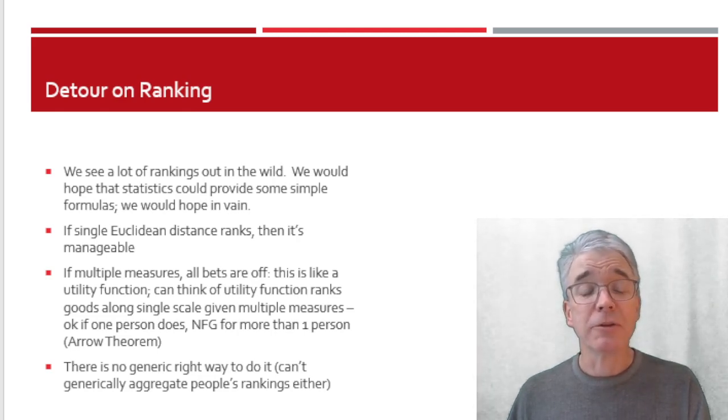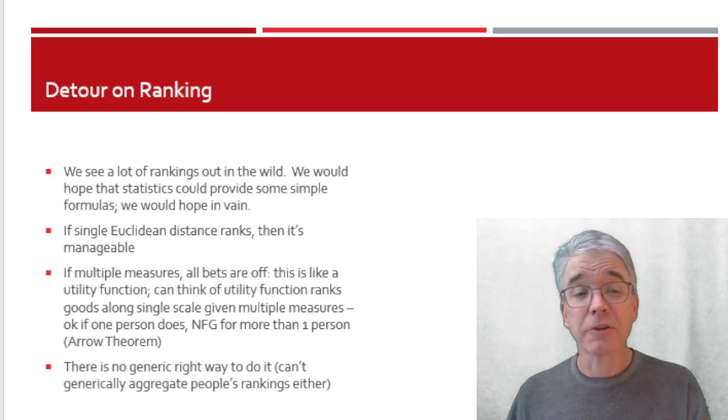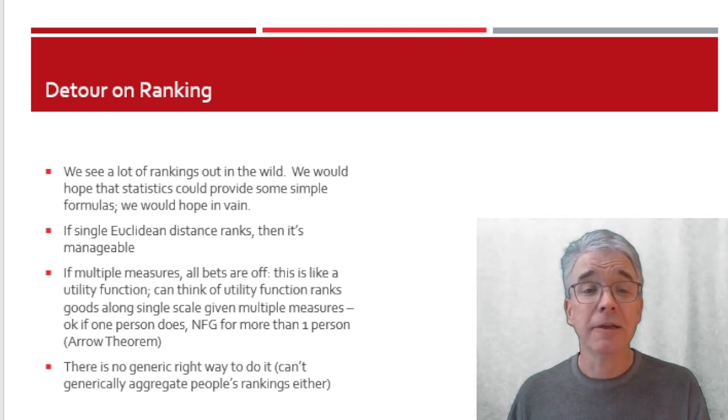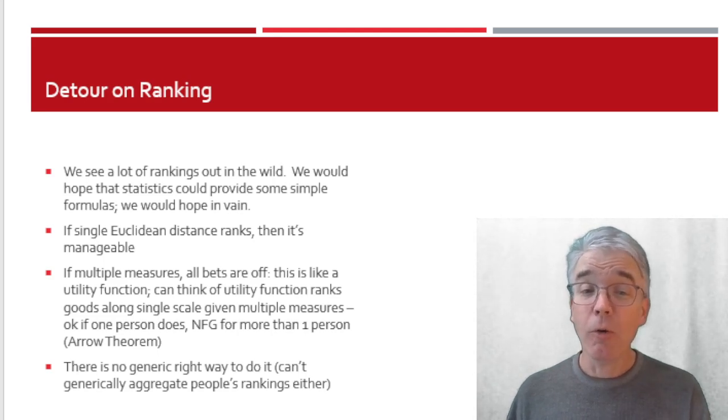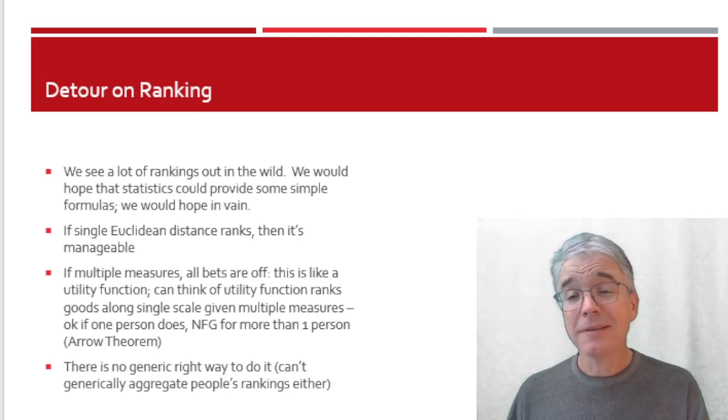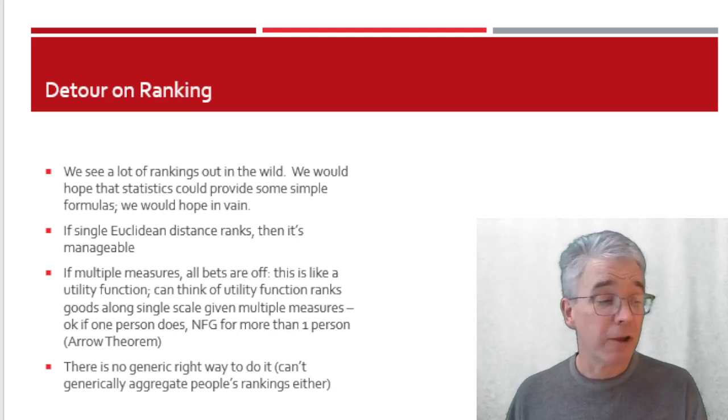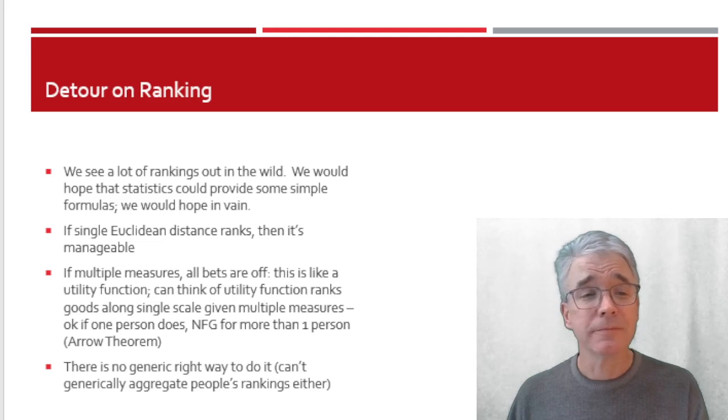A ranking of bundles is a sort of utility function. Thus, it's impossible generically to come up with any ranking that satisfies basic desired criteria that will accurately aggregate together the preferences of more than one person. You might hope there's some measure to do rankings the right way, but the answer is no, nothing. It's generically impossible to do. Sorry.